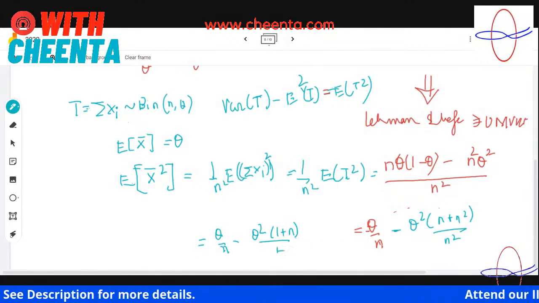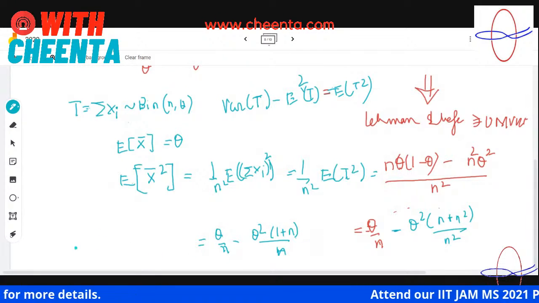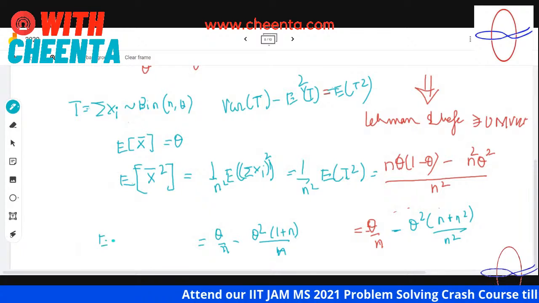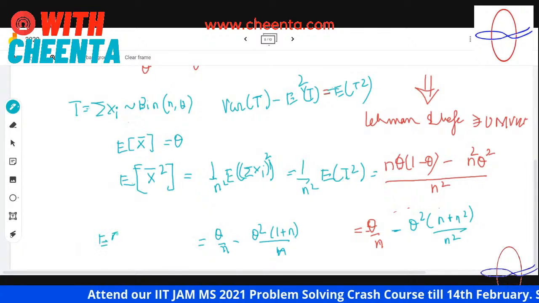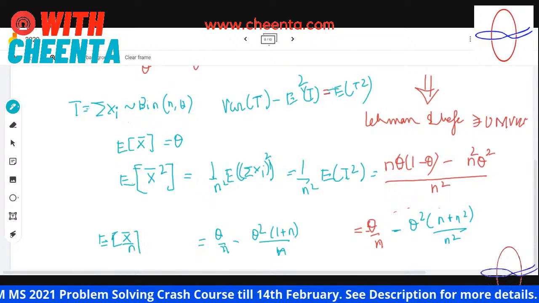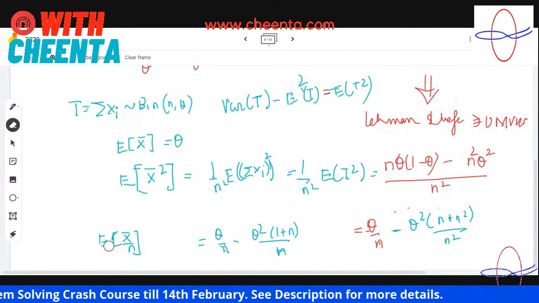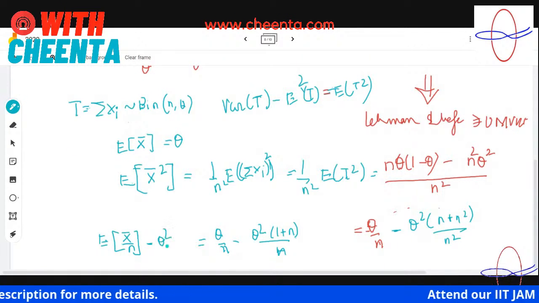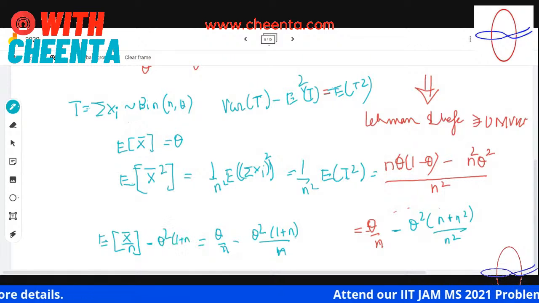Perfect. So now it's done. Why? Because theta by n is the expectation of X bar by n, minus theta square times (1 minus n) by n.